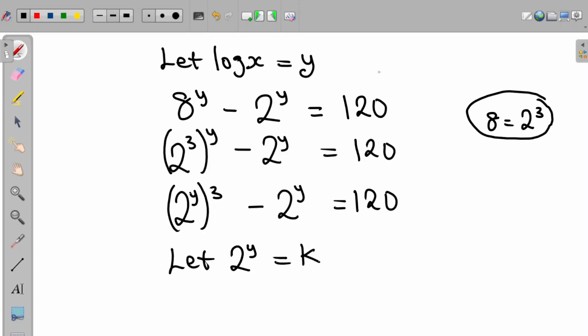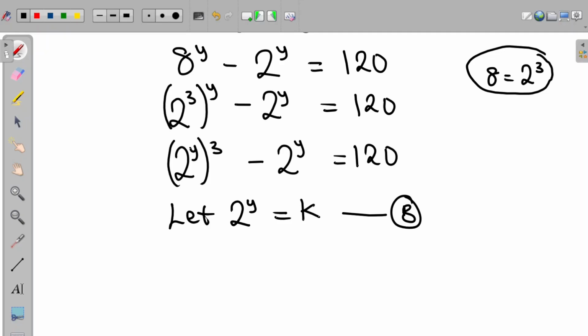So let's call this equation A, and this equation B. So our equation can now be expressed as k raised to the power of 3 minus k equal to 120.